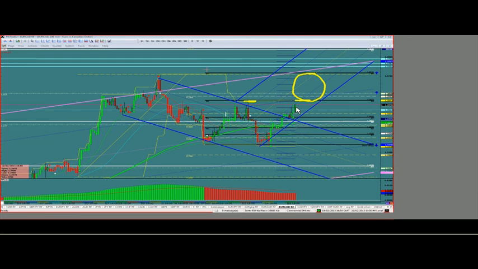So if we get any pullback here, we have this line that we're trying to get off of. If we get a pullback here, we want to take that trade up to the R4, which is 35.73. 23 is about 50 pips. That's not the real trade. That's the trade.